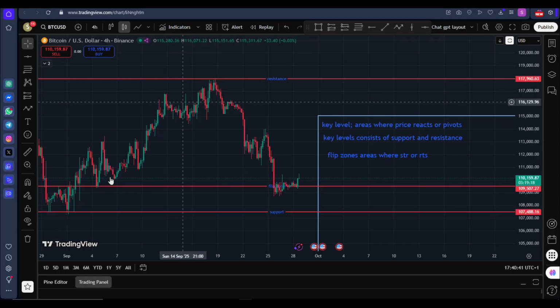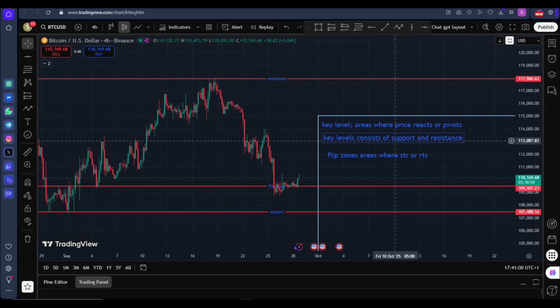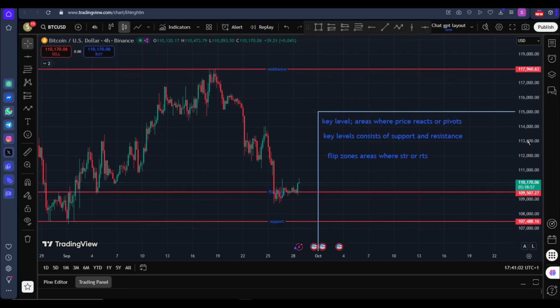You can see that there's no price under this, so price came down from here and immediately pivoted, or turned back. So we say this is our floor of buyers, or our support. When it got up here, it hit our ceiling of sellers, our resistance, and came back down.